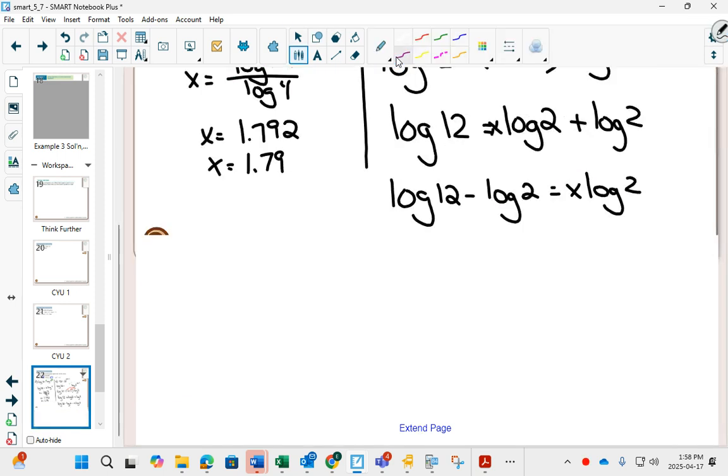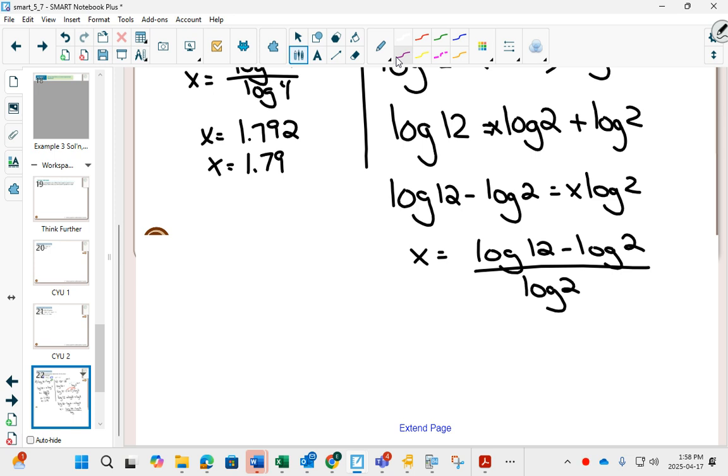And I can get x by itself by dividing both sides by that log 2. Can't cancel these log 2's out because adding and subtracting means those things are grouped together, and the only way we can simplify in a fraction is if you're multiplying and the factor is identical, just like in identities unit.